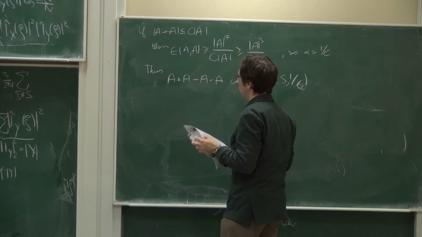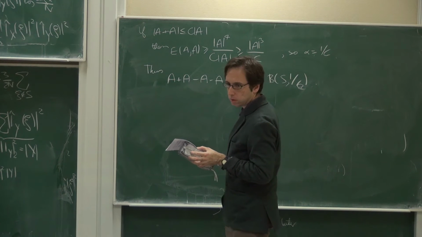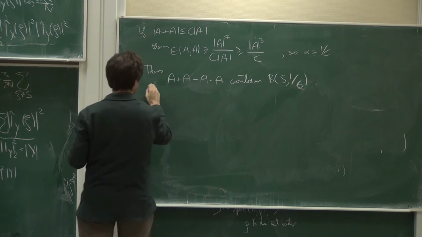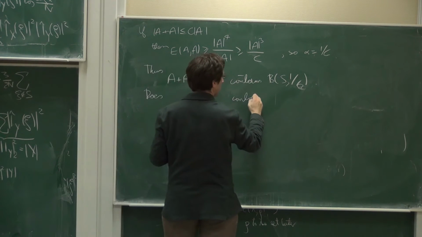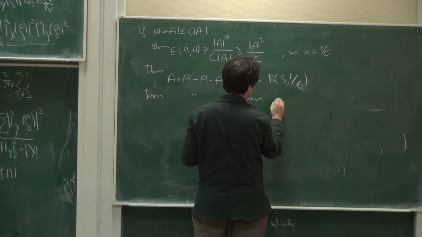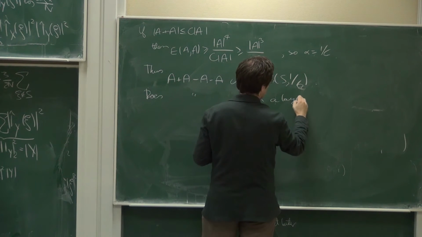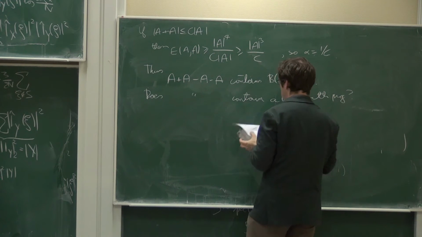So now the question is, does this mean that this contains a large arithmetic progression? The answer will be yes. Because any Bohr set, for s not too large, will contain a large arithmetic progression. The reason has to do with the geometry of numbers.